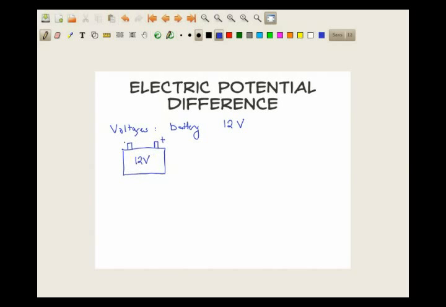It has a positive terminal and a negative terminal. The positive terminal, you can think of that as emitting positive charge, and the negative terminal you can think of as emitting negative charge.